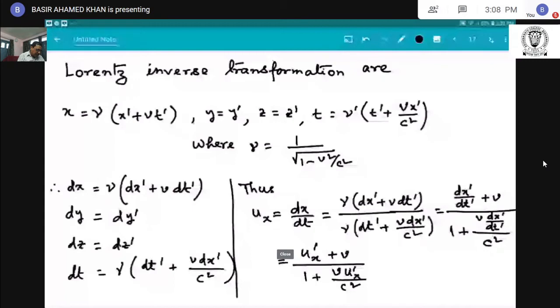This is the value of ux. This equation gives the velocity component of the particle along the x-axis with respect to the S frame, equal to ux dash plus v divided by 1 plus v ux dash by c square. This is equation 1.